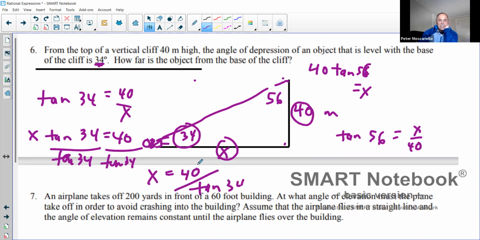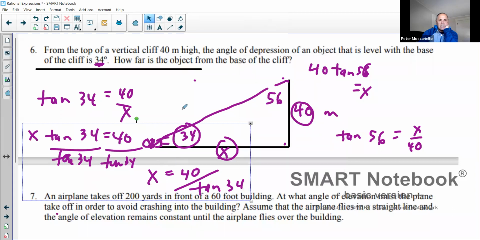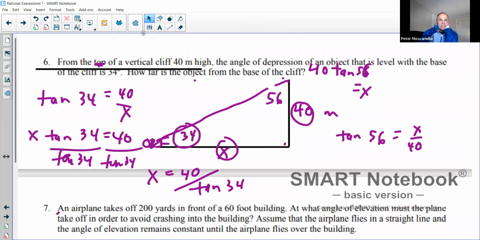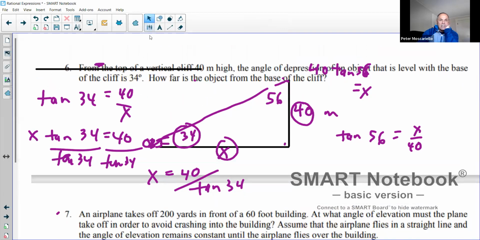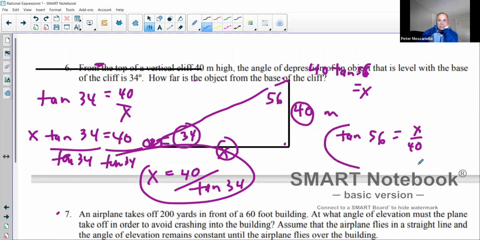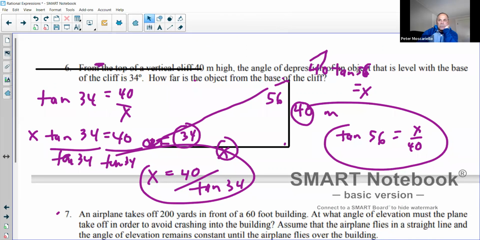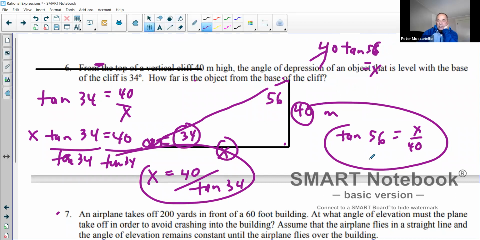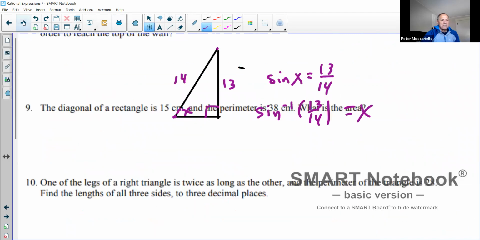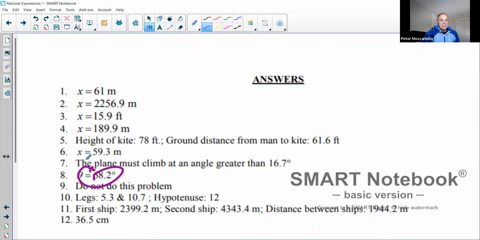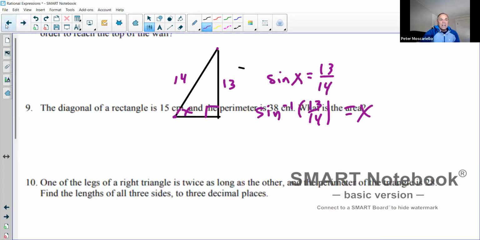So either of these will give you the correct answer. Oh, I'm sorry, up here, actually. I'm losing my grip here. 40 tan 56, right? That one more time. Multiply by 40, you get 40 tan 56 equals X. If you do that out, you get the correct answer, which is 59.3 meters.